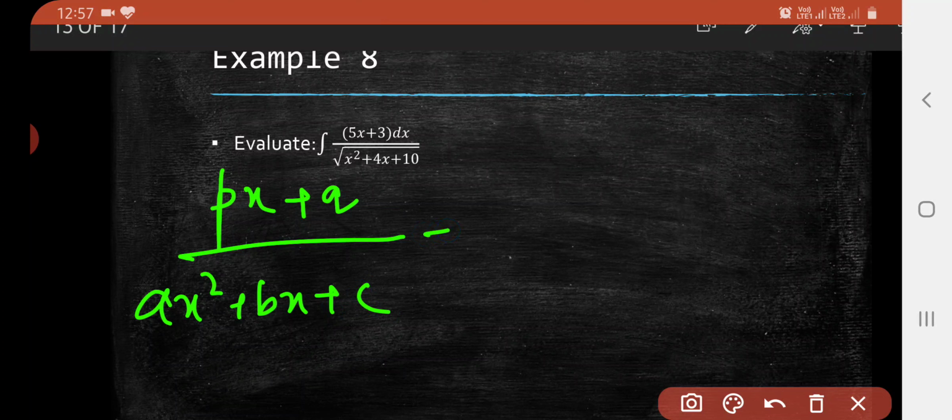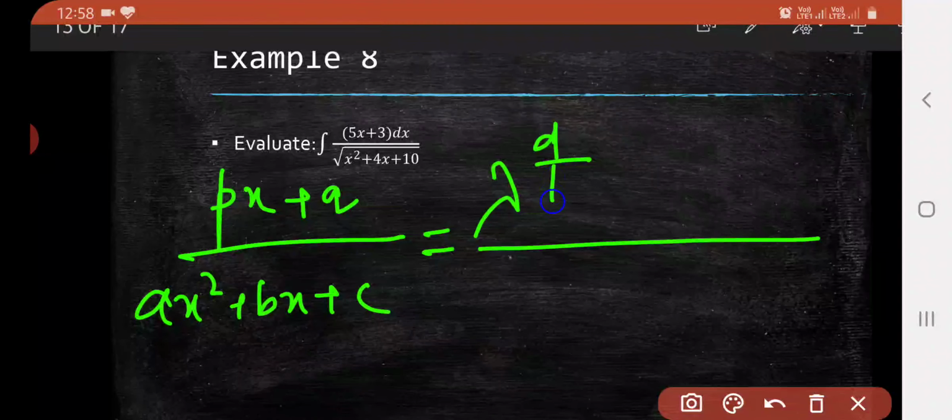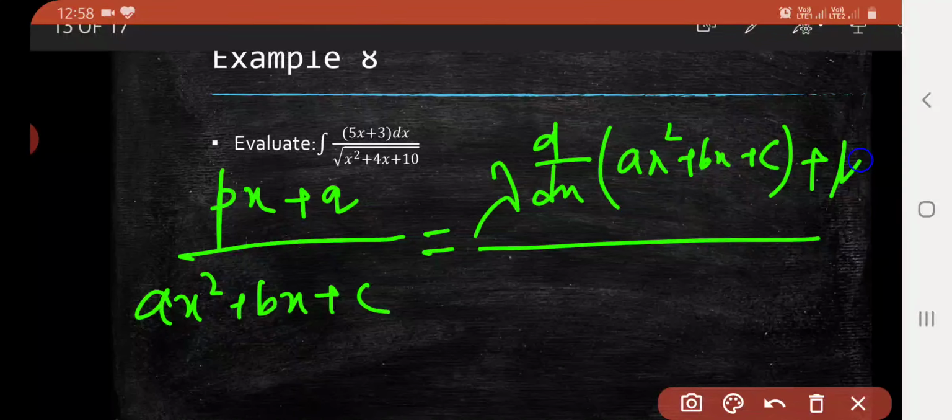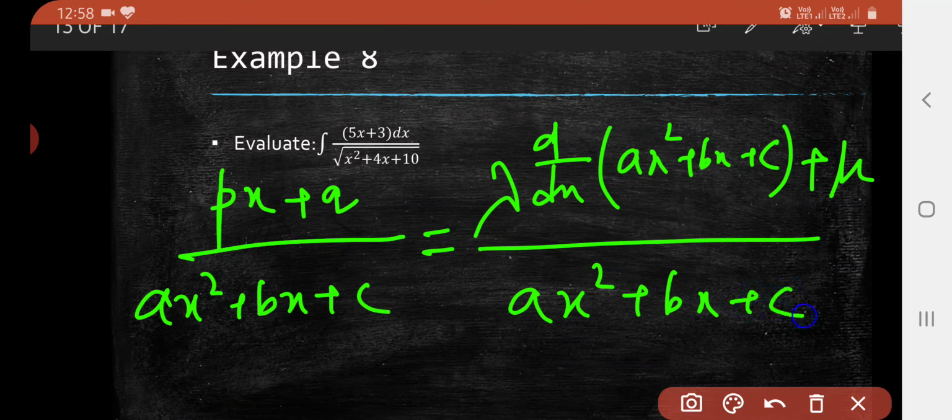So what I will try to do, I will try to write px plus q as some lambda times the derivative of ax square plus bx plus c, so lambda times d by dx of ax square plus bx plus c, plus some constant mu. So I have to represent this in this form. So this is basically how you do it.